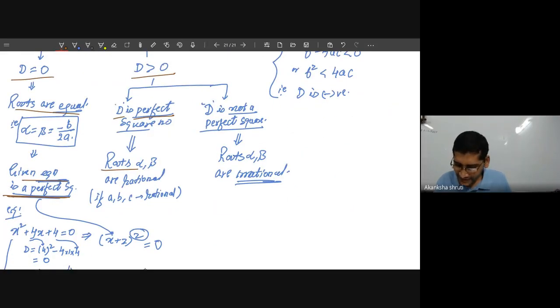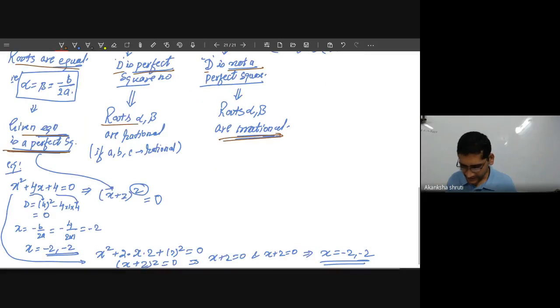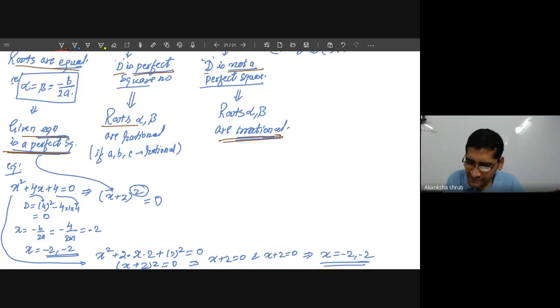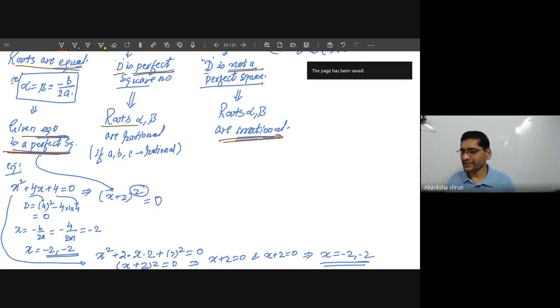But if it is greater than 0 but not a perfect square, then this will give us irrational roots. So this is all about our roots. We will see all these things with an example. Okay, student? Understood? This was all about our theory part.